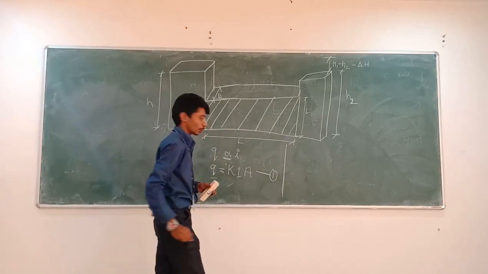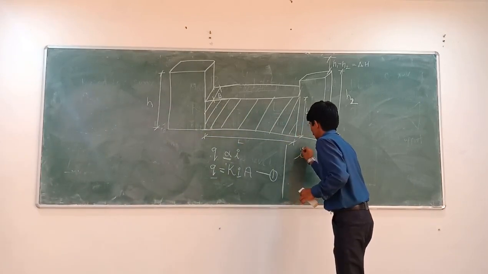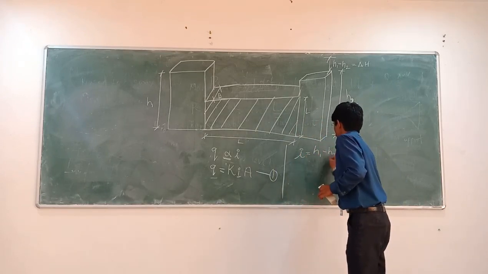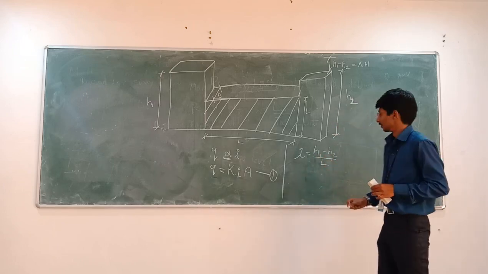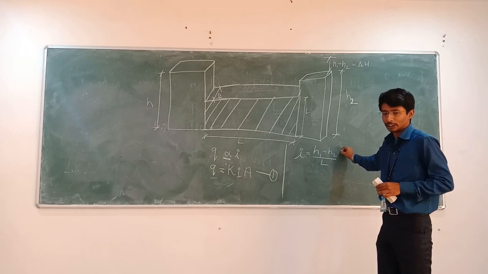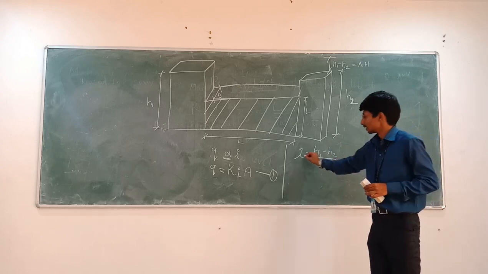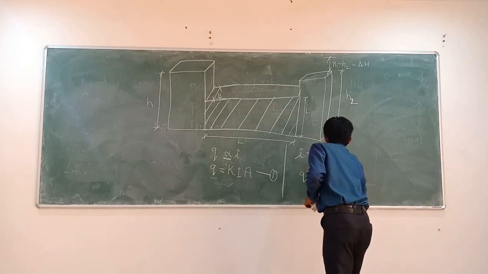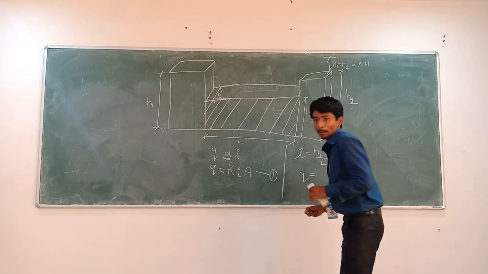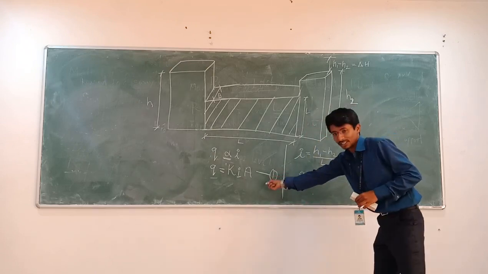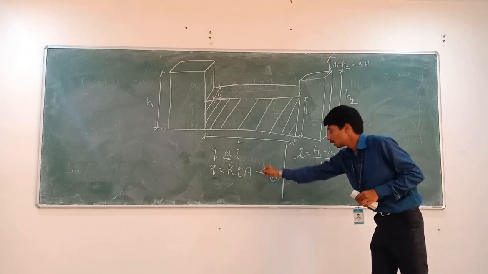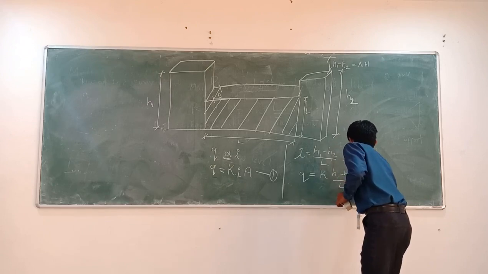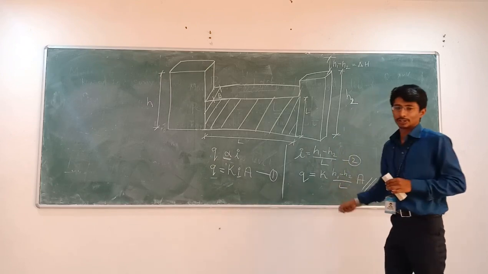Let me consider another equation. The hydraulic gradient I is nothing but h1 minus h2 divided by the length L, where h1 minus h2 is the vertical one and L is the horizontal one. This gives the hydraulic gradient of this flow. Therefore, substituting equation 2 in 1, Q is equal to K times (h1 minus h2) divided by L times A. This is my final equation.